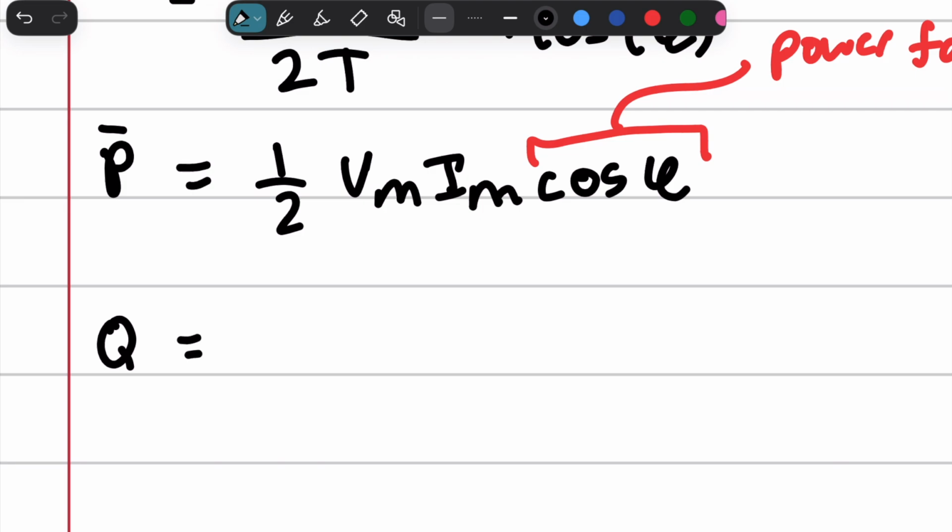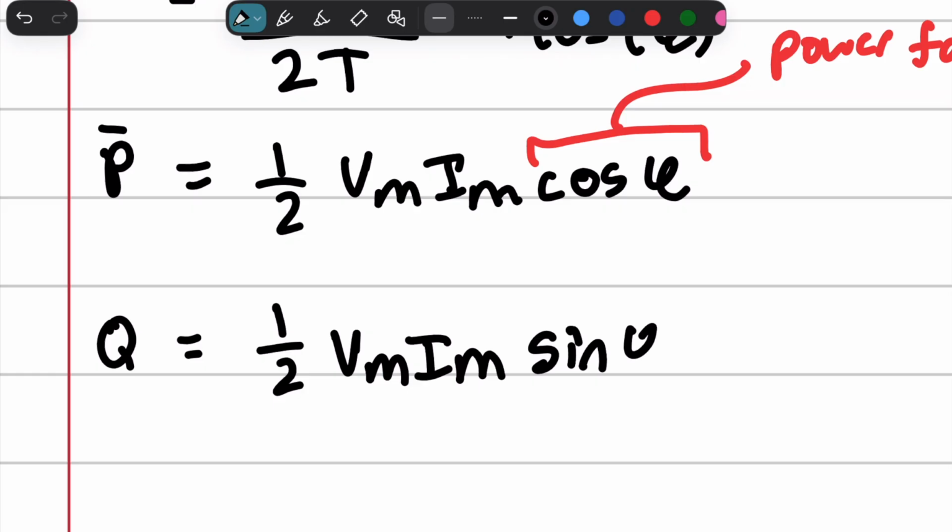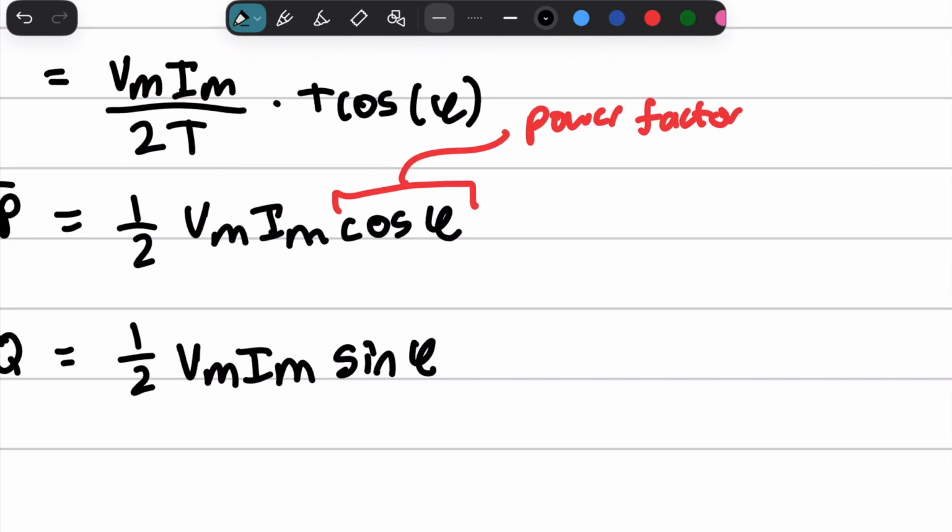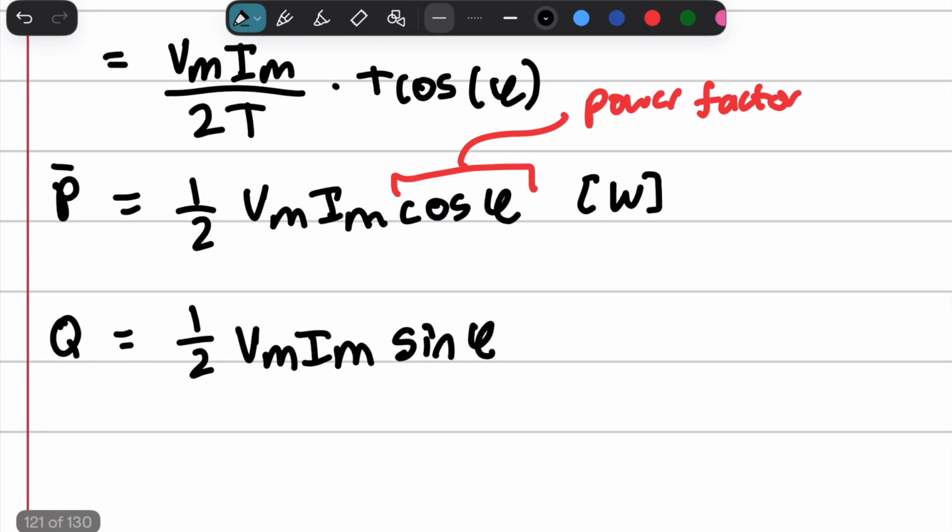And I'm not going to go through the imaginary derivation. That's up to you guys. But it's essentially the same thing, except it's sine now, sine phi. Okay? And the units of power are watts, and the units of Q, reactive power, is VARs.